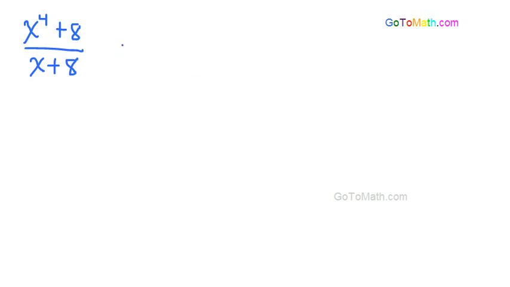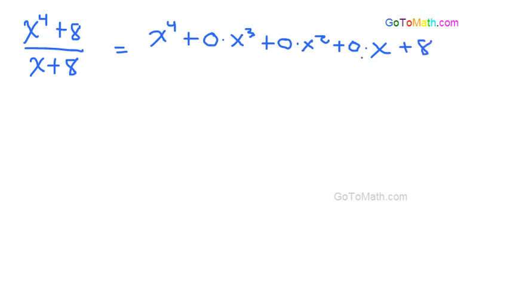Now I'm going to rewrite this as x to the fourth plus 0 times x cubed plus 0 times x squared plus 0 times x plus 8, all over x plus 8. The reason I write it like this is because when we write this down here, it's important that we know where to put our zeros.